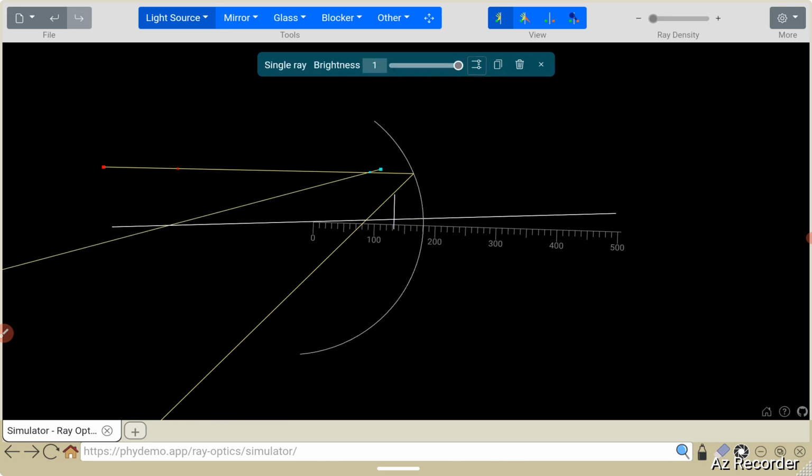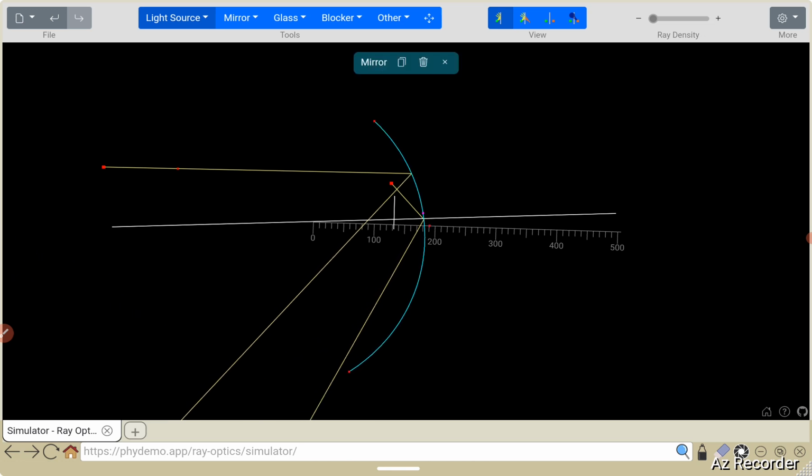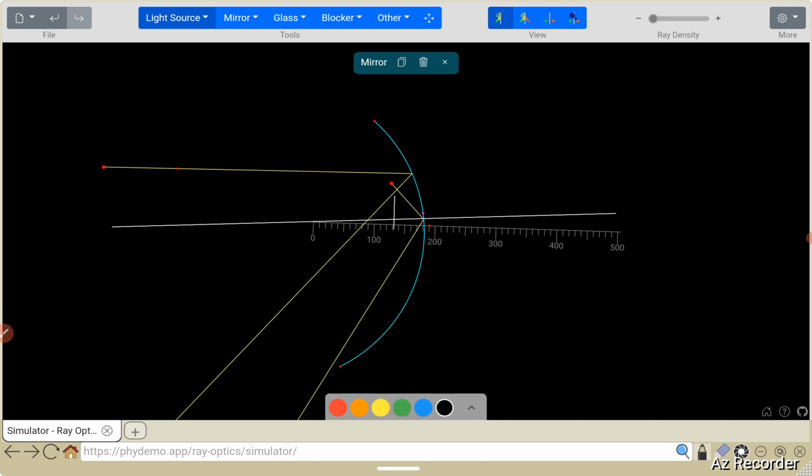Understood? Now the incident ray has to be from this point, somewhere here. Incident ray also should be from the pole. Now observe here, this is the first incident ray parallel to the principal axis and this is passing through focus.